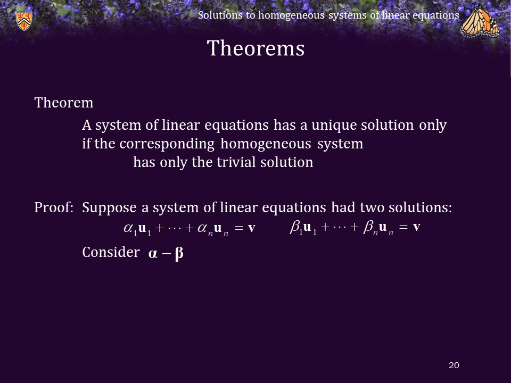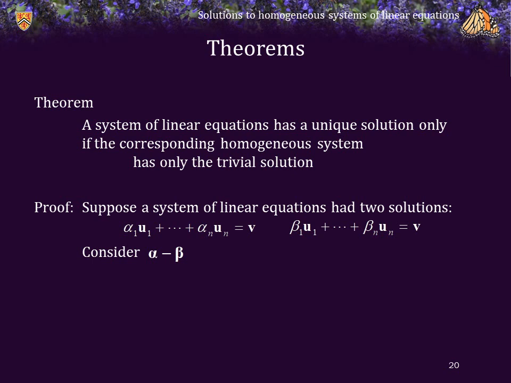Let us consider the vector of alpha 1 through alpha n minus the vector of the values beta 1 through beta n. This is an n-dimensional vector.